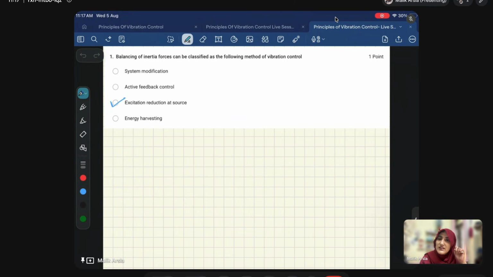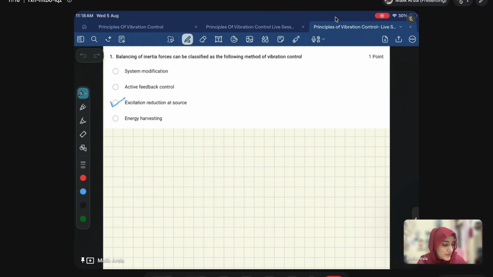Some of them include passive techniques, some of them include active vibration control. And some of them include making some modification in the system itself, for example changing the mass or stiffness of the system or the damping of the system, or maybe using an isolator to separate the system from the disturbance. So there are various methods.